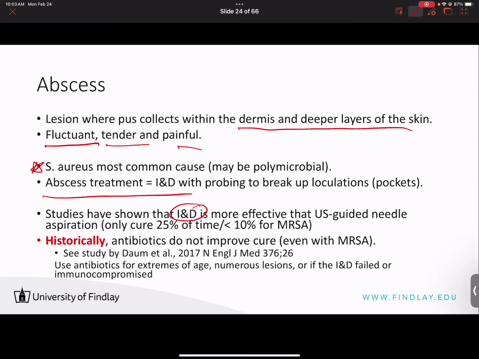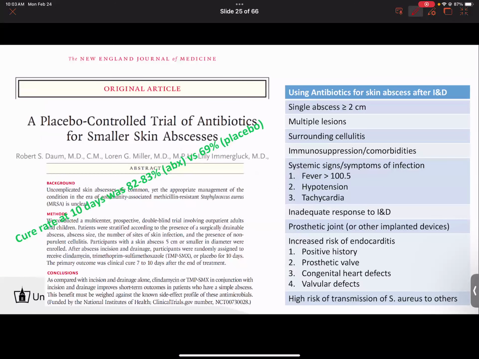And what all the data is really pointing to at this point in time is that giving a short course of appropriate antibiotic after incision and drainage actually improves upon the cure rate of the I&D. It speeds up the time to resolution of the abscess, and it prevents spread and it prevents recurrence. Right? So antibiotics actually have a place in therapy for incision and drainage.